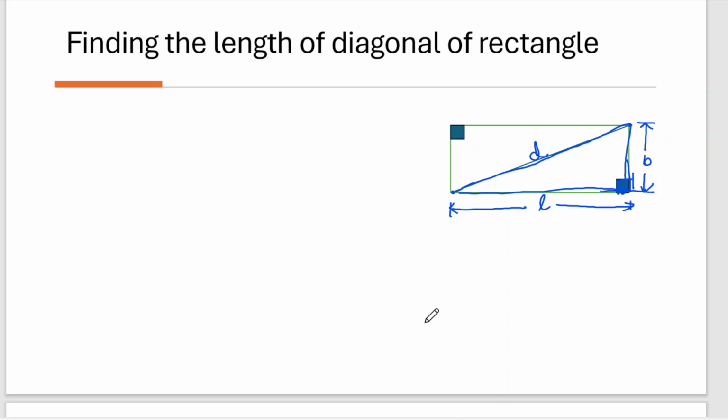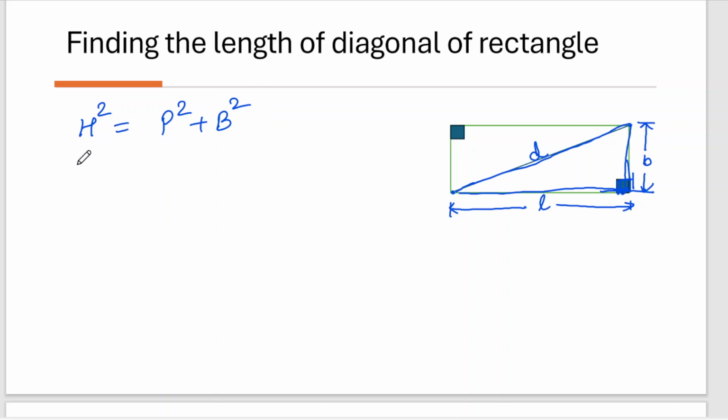And in a right angle triangle, we know hypotenuse square is equal to sum of square of perpendicular and base.